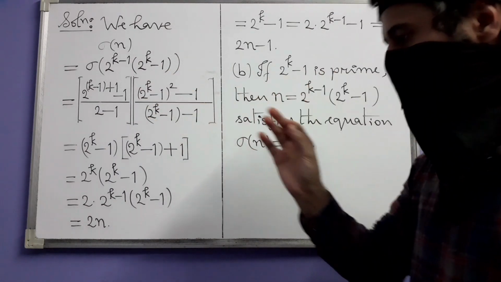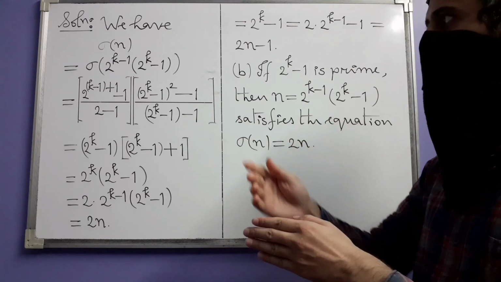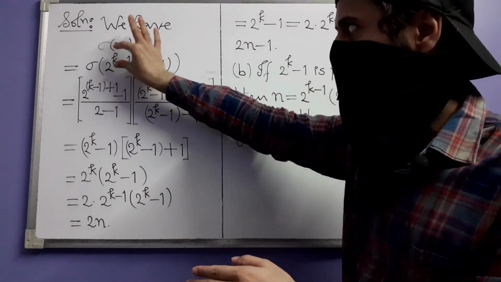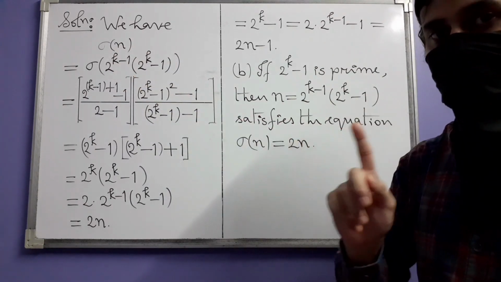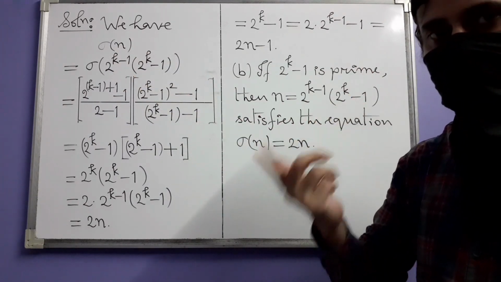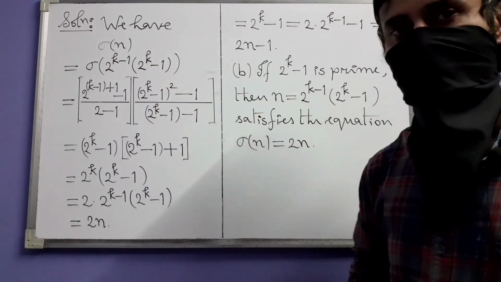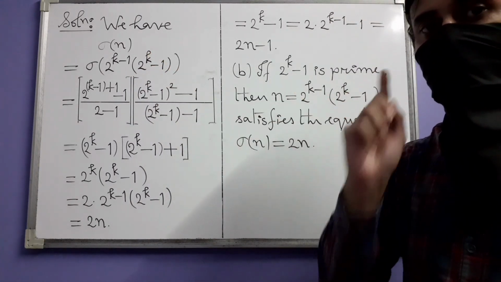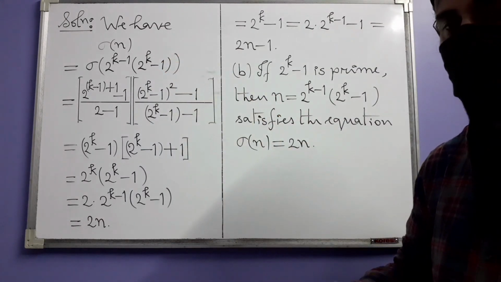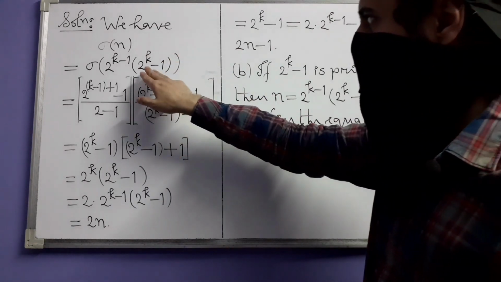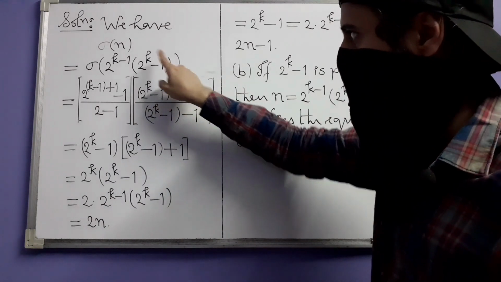So what we are looking at here is the prime factorization of n, which has this form p1 to the power k1, where p1 is 2, k1 is k minus 1, times p2 to the power k2. p2 is this entire 2 to the k minus 1 and k2 is 1, because here there is no higher exponent.